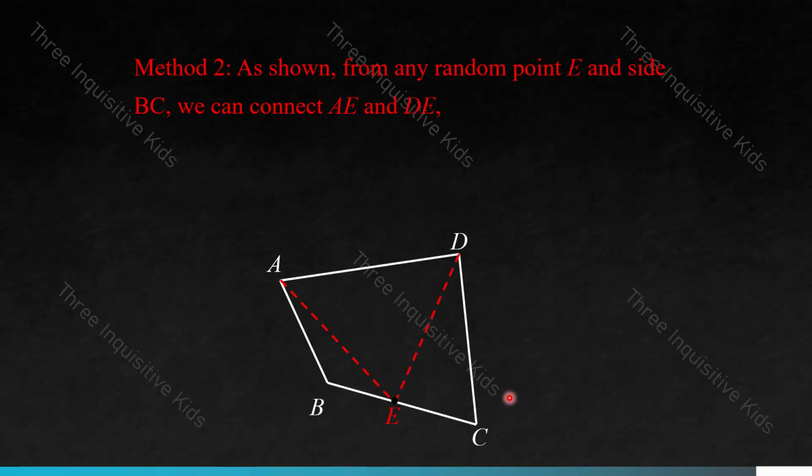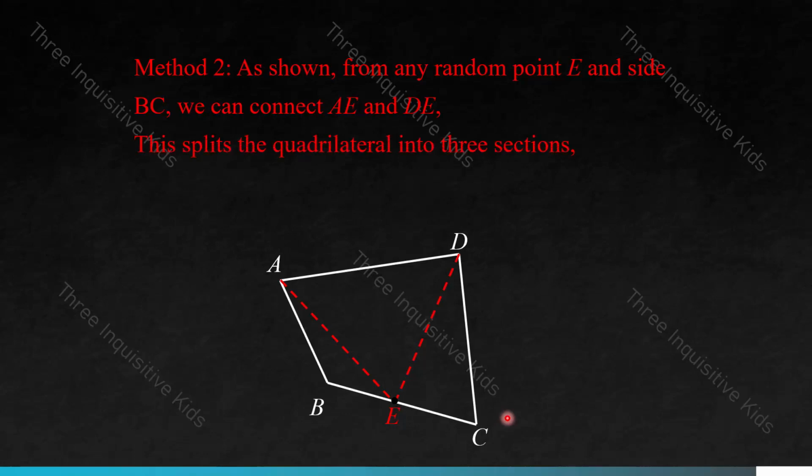When you're solving mathematical word problems, especially geometry word problems, when a question says random point, remember that you are underlining random, because that does not mean that point is exactly at the location of how it is drawn in the figure, right? It's any point. So E could be here, E could be here, E could even be on B, or E could even be on C. So taking any random point, we connect that point with A and D.